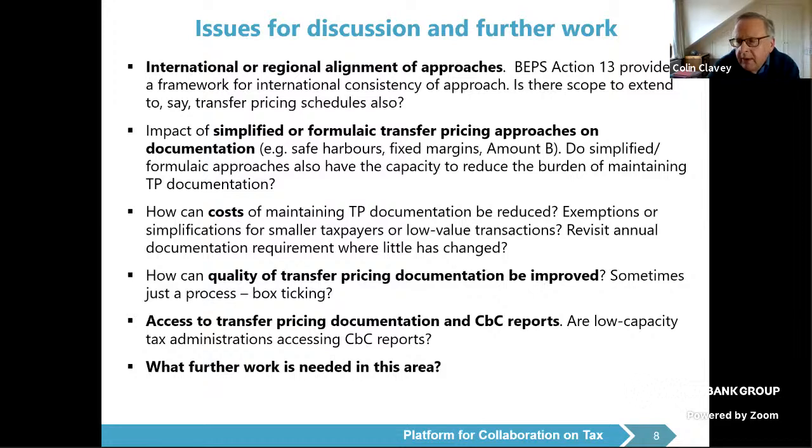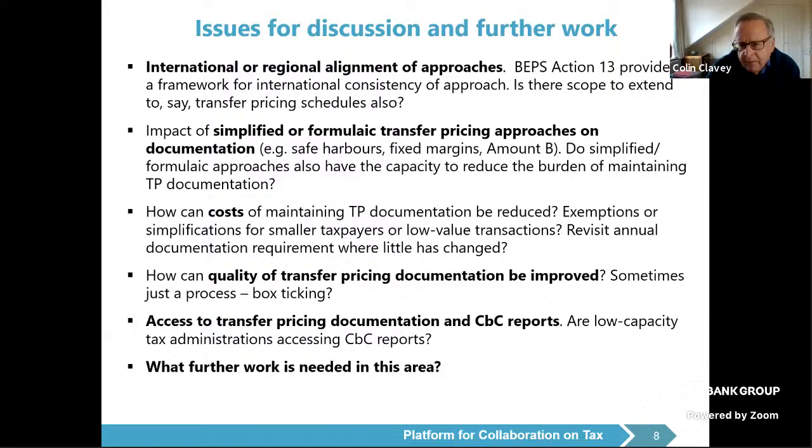But we wonder whether international guidelines or maybe international best practice might be established on some of those issues as well. One example might be getting a common approach on the necessity to revisit transfer pricing documentation every year, whether or not things have changed. Is it necessary, for example, to find a new comparable set every year where the underlying transactions have changed very little?